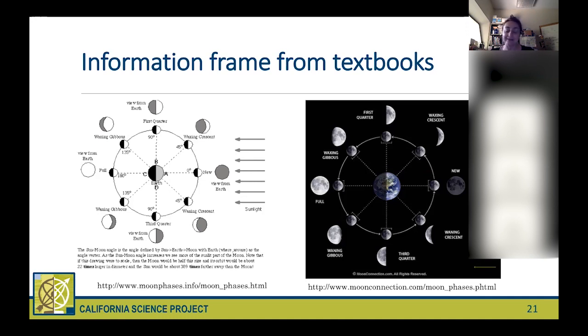And an interesting thing that the teacher in this classroom did, after the students worked out their understanding of the phases of the moon seen from the Earth, using this model of sun, Earth, and moon, and the light bouncing off, was an assessment asking, could you now describe the phases of Venus?